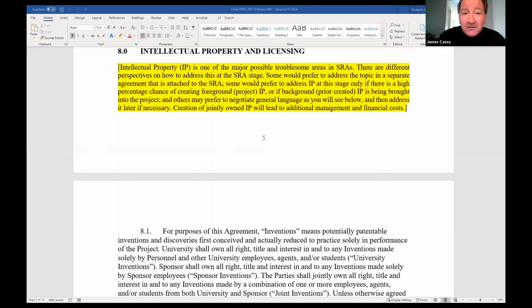This is one of those areas where sometimes it's very hard for people to get together and agree on a project. And there are different schools of thought, and although this sample agreement for you today, which you'll get after this session, does have IP and licensing paragraphs in it.